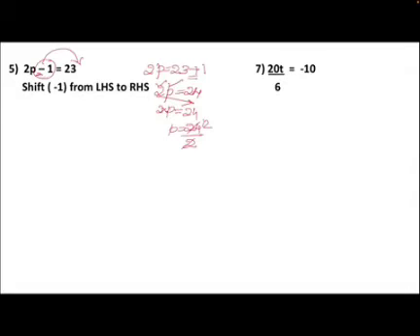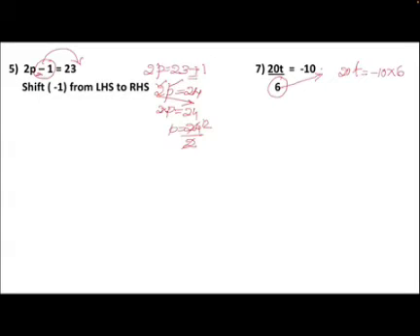Okay. Now, in this example, 6 is in the denominator. It's divided, is it not? So we shift it to RHS. How do we shift? Just think of the opposite. Division here becomes multiplication. So 6 moves to RHS and gets multiplied. So what happens is 20t equals minus 10 into 6.